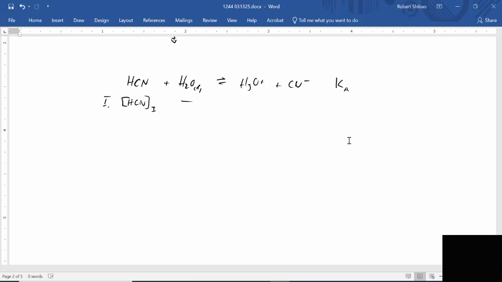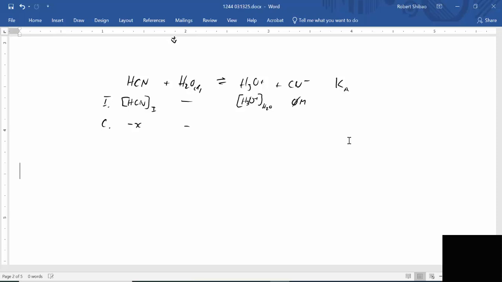And then the hydronium is going to be like this. There's going to be some hydronium in there initially. Where did the hydronium come from? The hydronium is going to come from water. And then I'm going to reset this so that no cyanide is there. And so this is kind of a Le Chatelier's type problem, where we reset it.